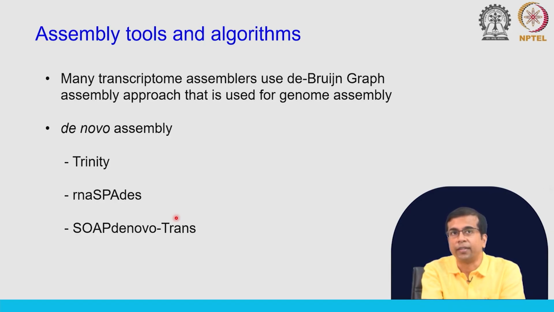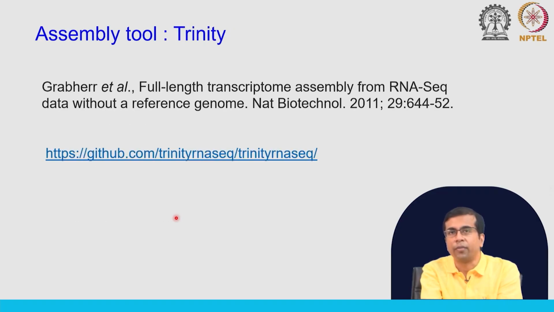As I mentioned, the assembly of the transcriptome is a really challenging process, because you have many fragments involved, as well as non-uniformity in coverage across the transcriptome and across transcripts. This makes the whole process very challenging, and this is something you need to keep in mind. I will just mention the tools, and as I mentioned, these use the De Bruijn graph assembly.